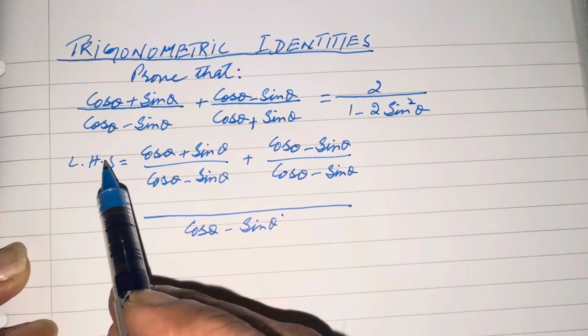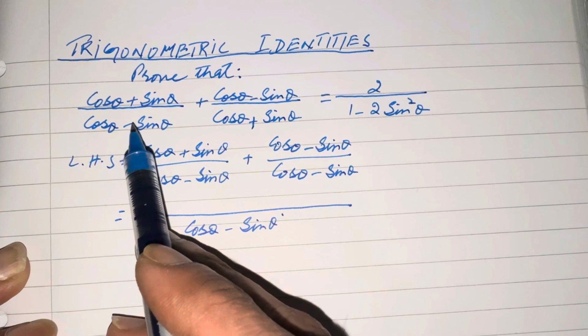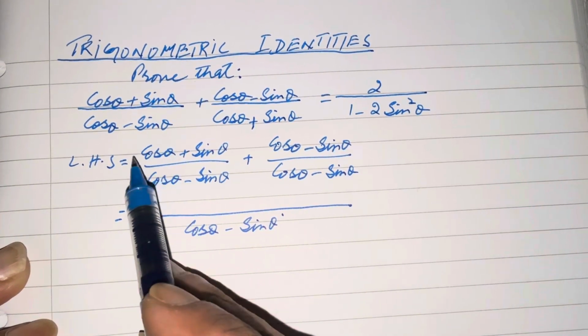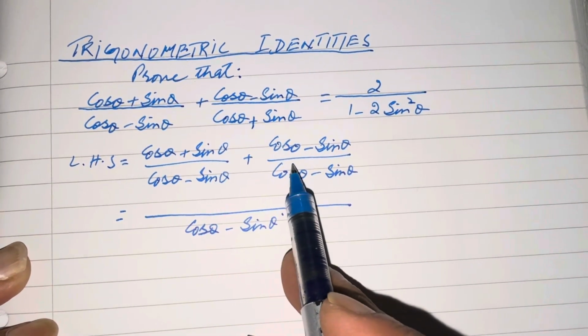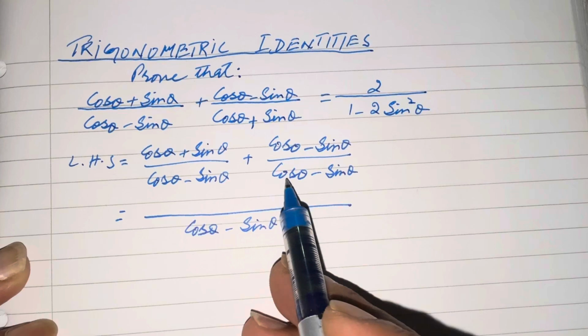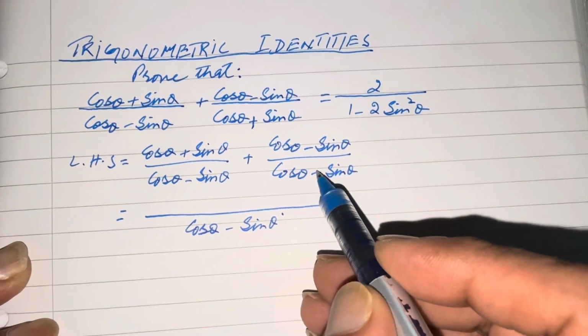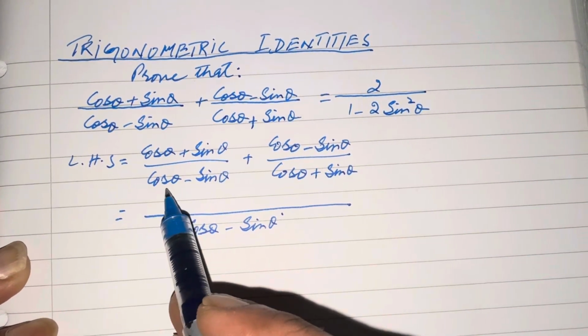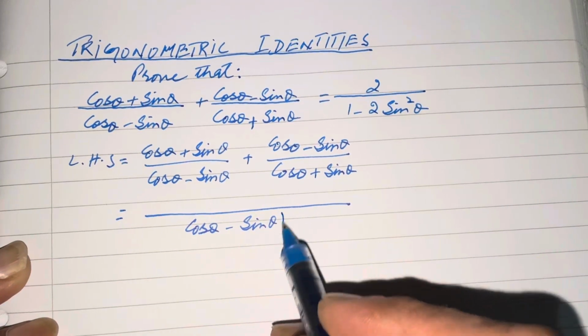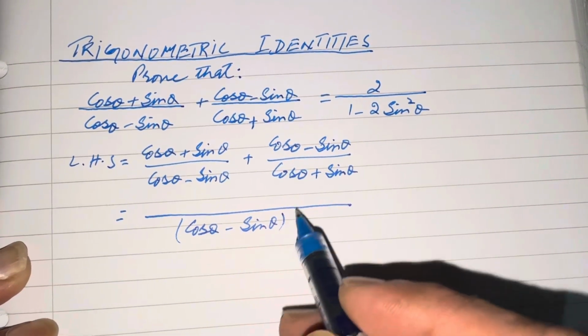So let's start with this question by taking the left hand side. So left hand side I have written over there. If you see, the denominators of the left hand side are cos theta minus sine theta and cos theta plus sine theta.